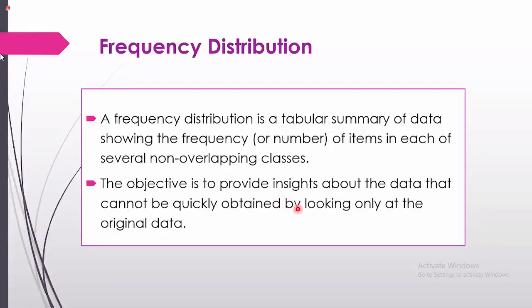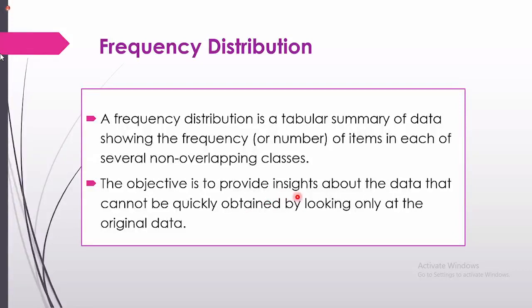To provide insights about the data that cannot be quickly obtained by looking only at the original data. When we are looking at the original data, if we are not able to get any information, that information we are able to get through the frequency distribution. So the frequency distributions provide insights about the data.